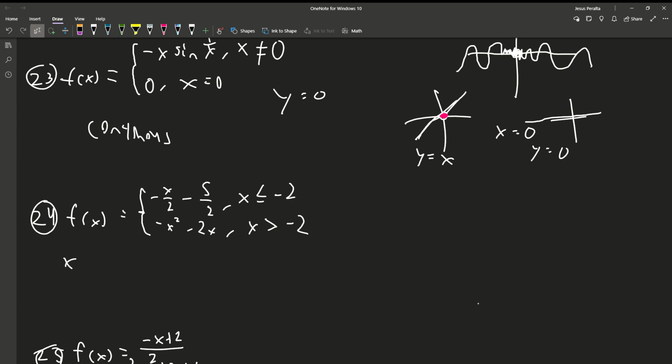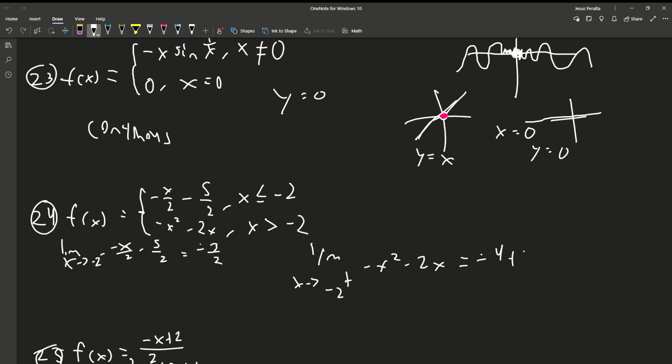So then for this one you would do the limit as x approaches -2 from the left of -x over 2 minus 5 over 2. Plug in -2, and you get -3 over 2. And for the other equation, you do the limit as x approaches -2 from the right of -x squared minus 2x, which is equal to, plug in -2, -4 plus 4, which is equal to 0.